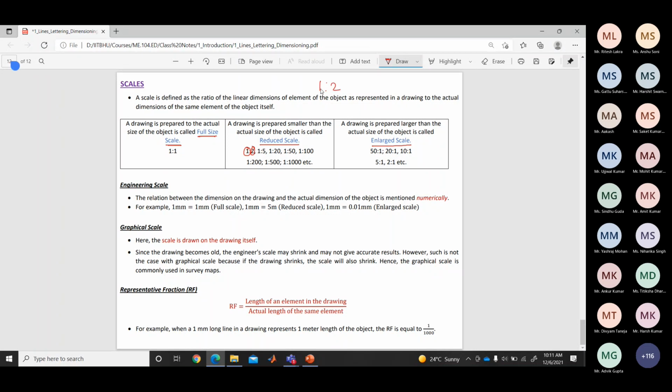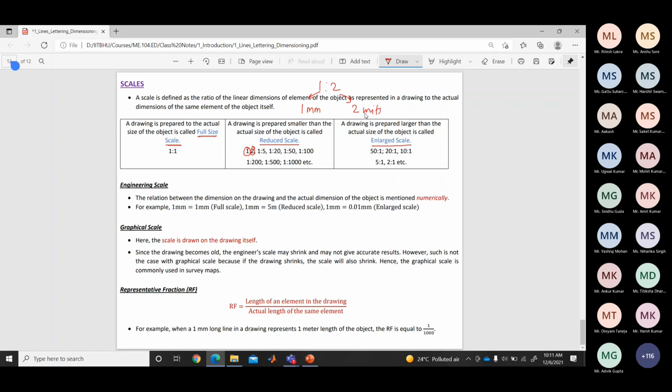So what it means, the one is referring to the 1 mm, let's say, if we are using the millimeter scale on our drawing. And this is the preferred. If you look at the drawing sheets, the millimeter scale is commonly adopted on the drawing sheet. So this 1 mm is corresponding to 2 units.